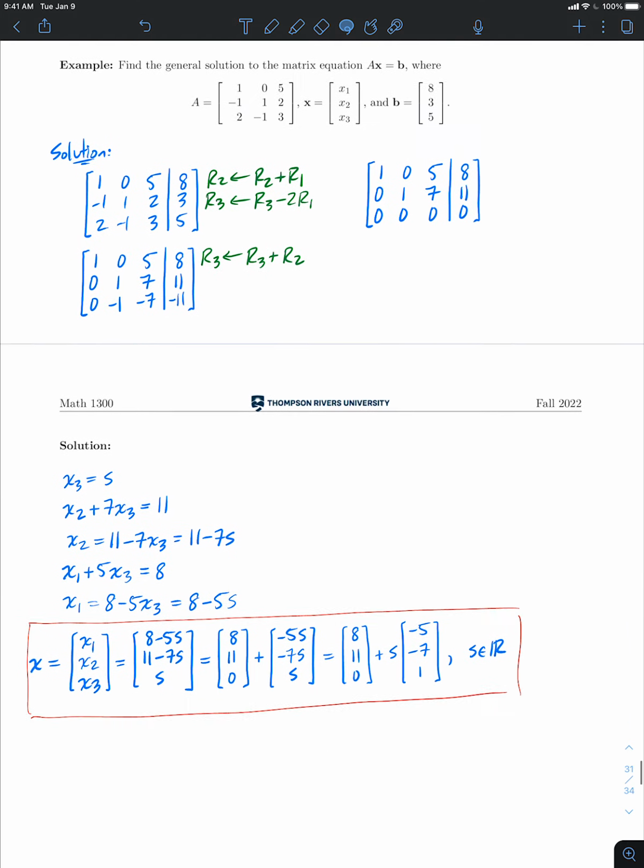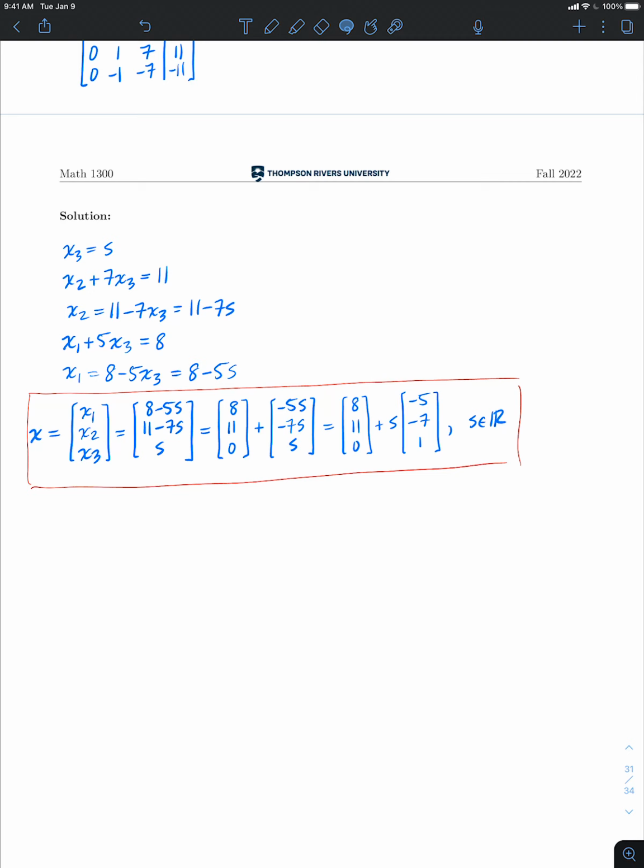Your general solution to the matrix equation AX equals B gets decomposed into a sum of two separate pieces. Here's the idea. This is a particular solution to the matrix equation AX equals B, and this is actually the general solution to AX equals 0.